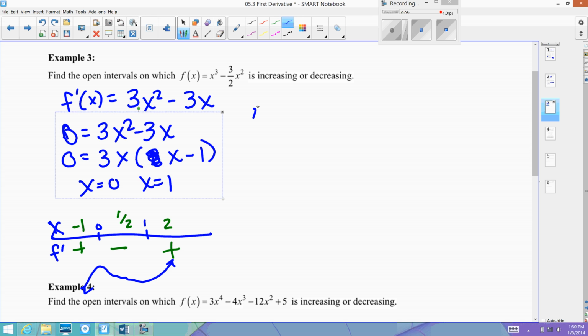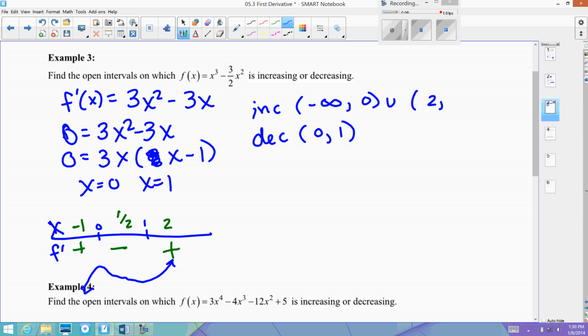All right, and those are the intervals: increasing from -infinity all the way up until 0, decreasing from 0 to 1, and then increasing again from 1 to infinity. All right, so if our function's increasing and then it changes to decreasing, what we're going to be looking at soon is there has to be a relative maximum there.